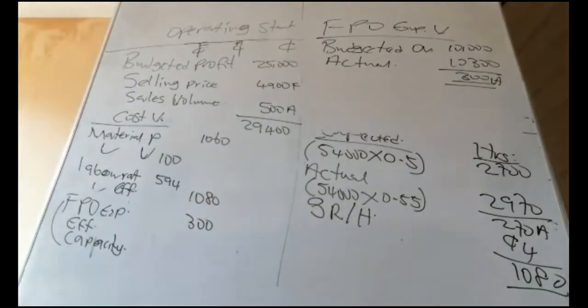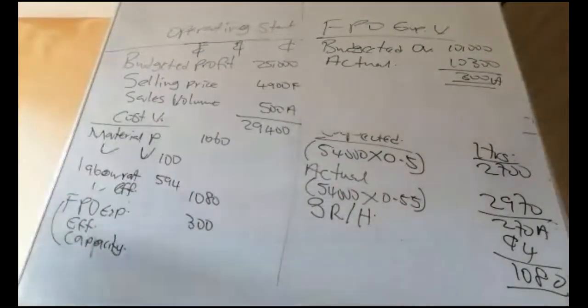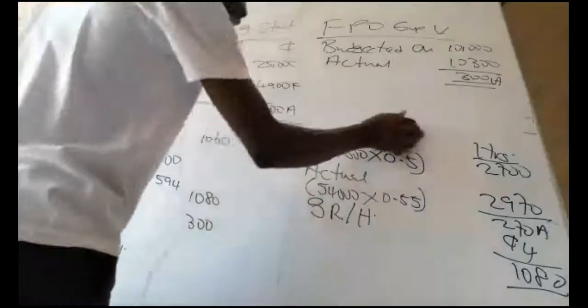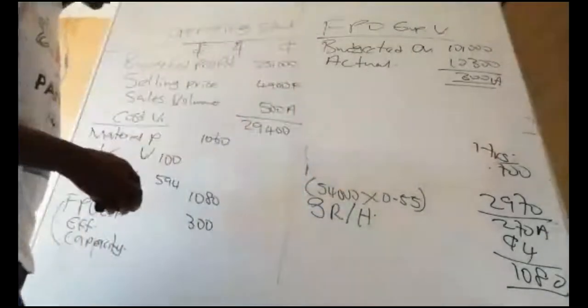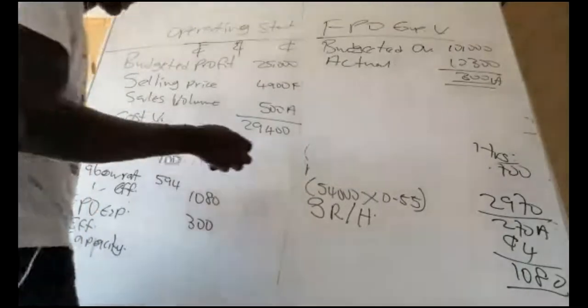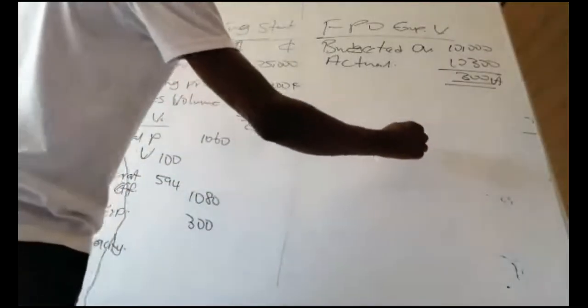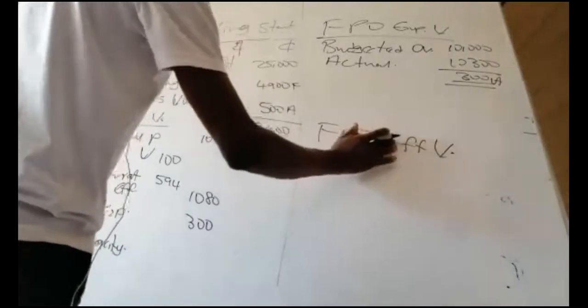So let's calculate the expenditure. Efficiency. And the labor hours, expected hours. We did that one here, but let's do it again. So fixed production overhead efficiency variance.